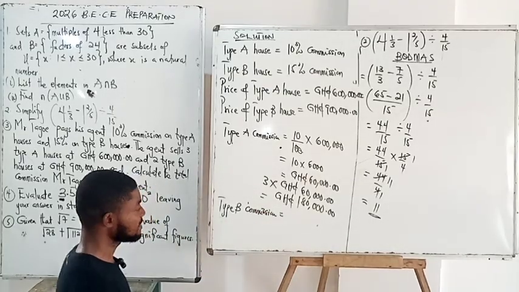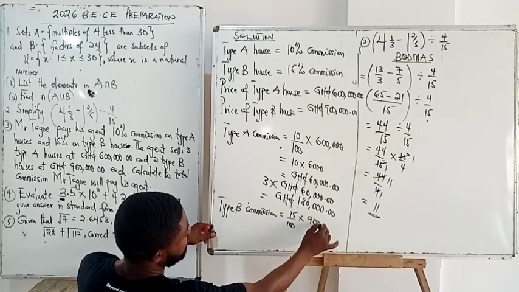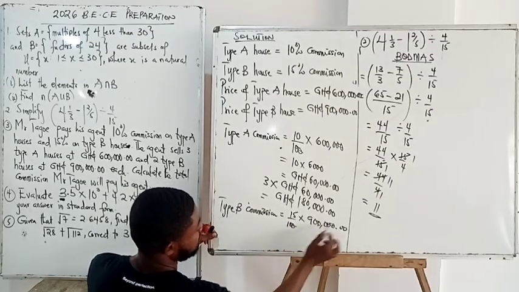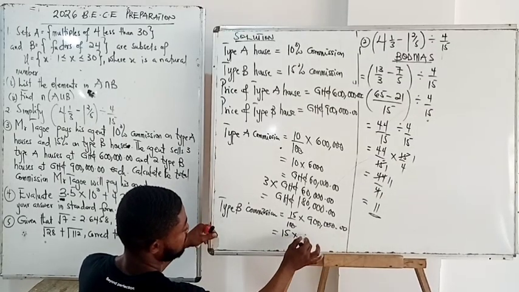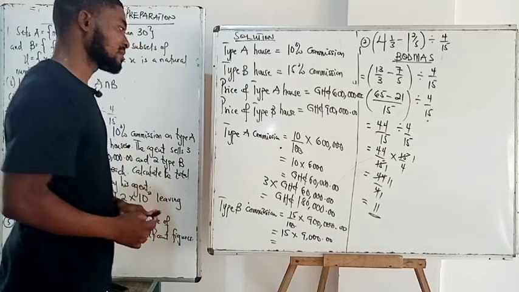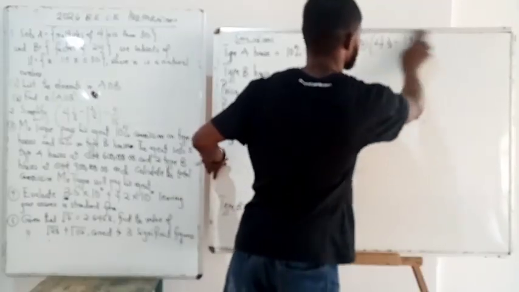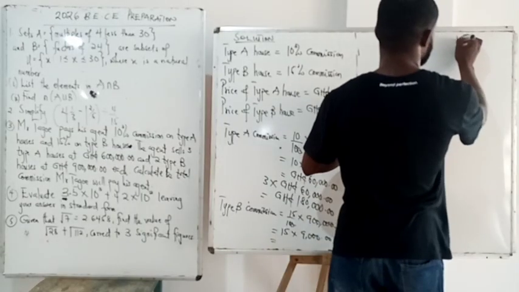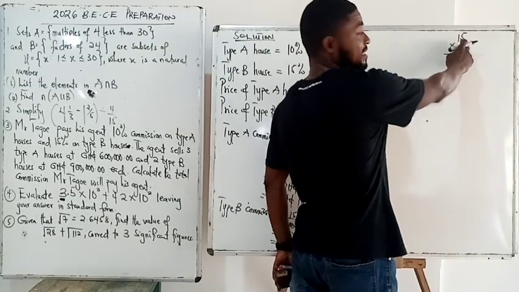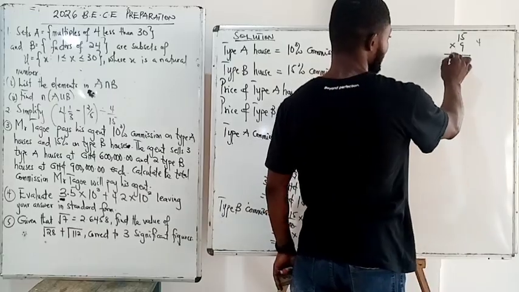So for the type B commission, we do the same thing: 15 over 100 by 900,000. 15 times 9,000. 5 times 9, that is 45. 9 times 1, that is 9 plus this, 135.